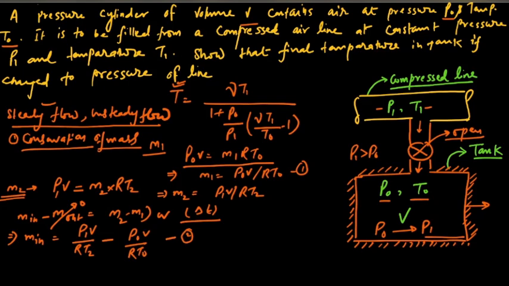Now we have taken this pressure vessel as insulated, so there is no heat loss from this vessel. Further, we also take the assumption that potential energy and kinetic energy changes are negligible. So applying conservation of energy, E dot in minus E dot out equals dE by dt for a control volume.